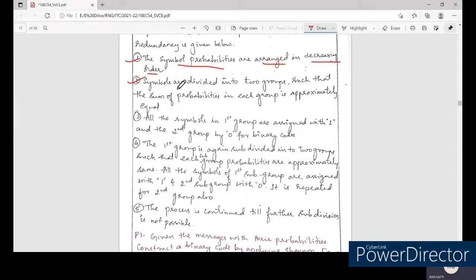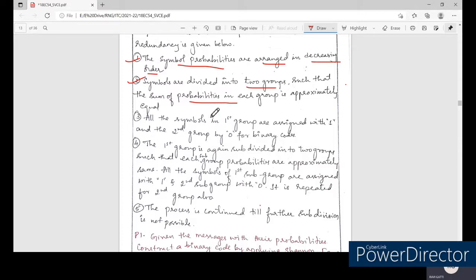You need to divide the source symbols into two groups such that each group has approximately the same probability value. It is not necessary that we always divide into an equal number of symbols in each group. Depending upon the probabilities, we can have a combination of source symbols such that the sums of the group probabilities are approximately equal for the two groups.